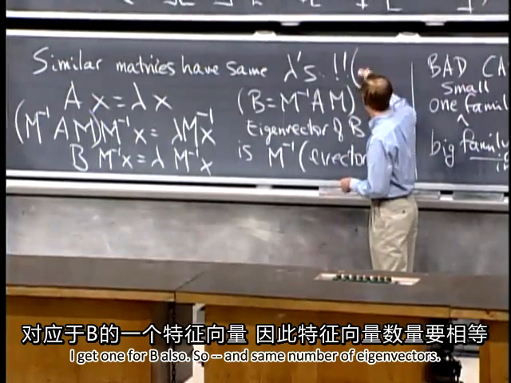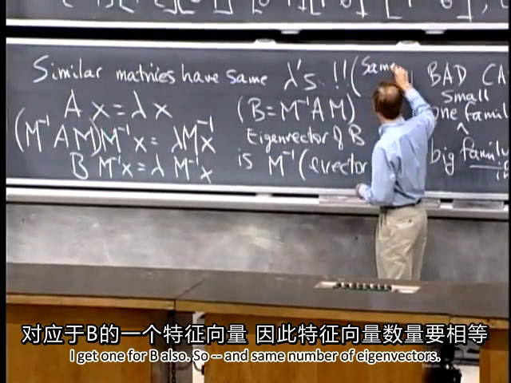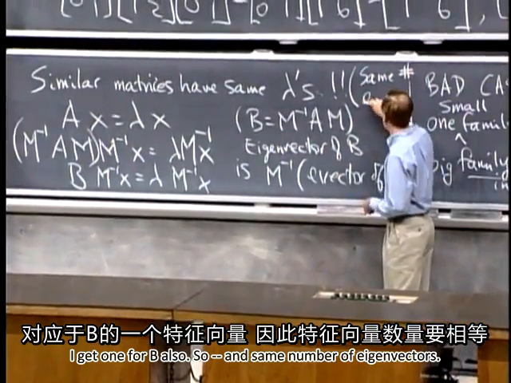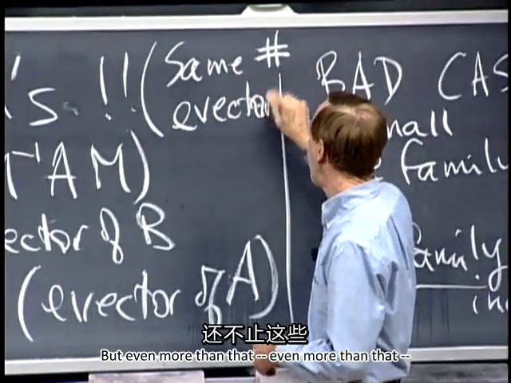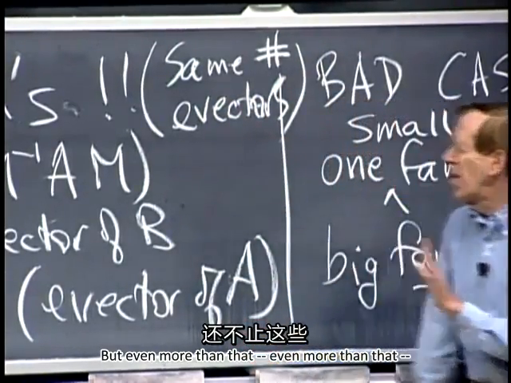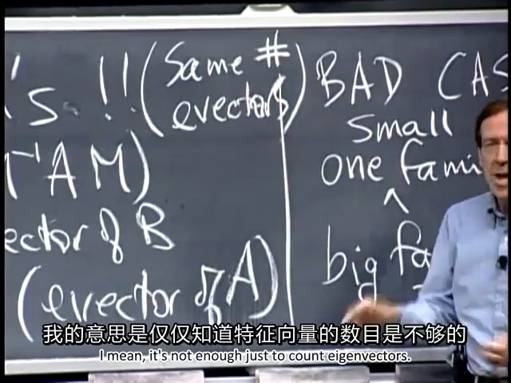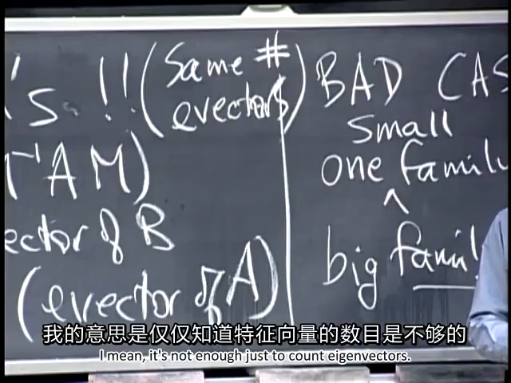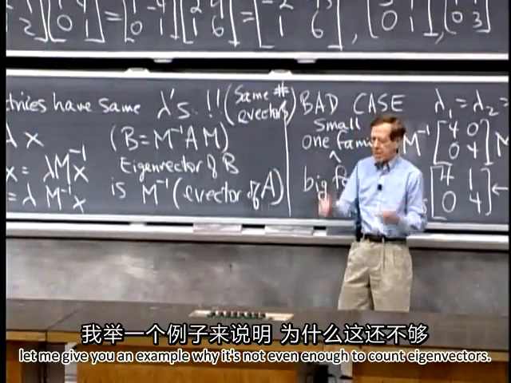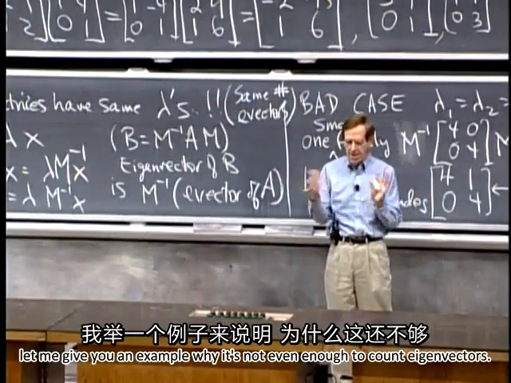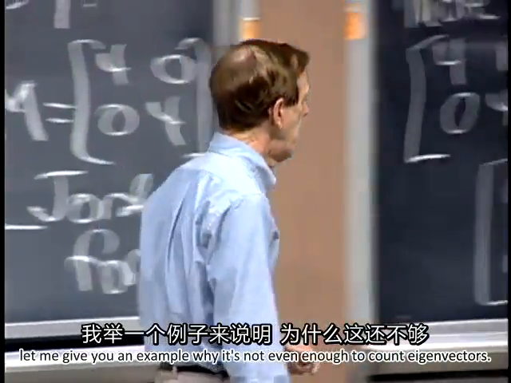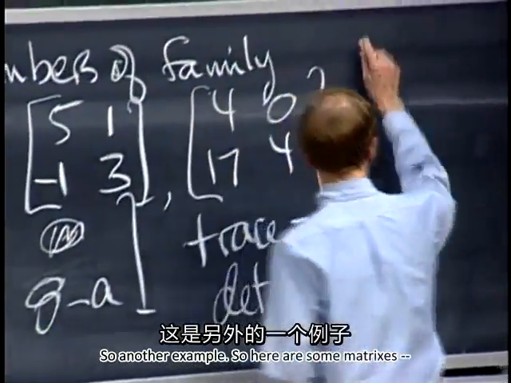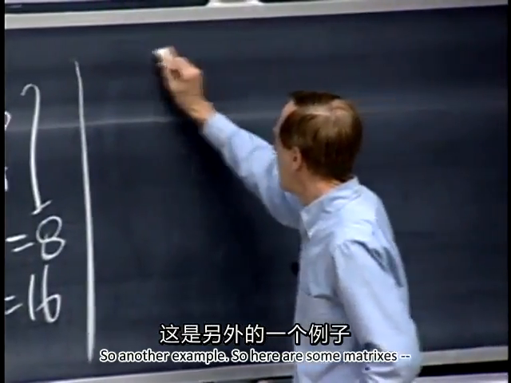So, the same number of eigenvectors. But even more than that, it's not enough just to count eigenvectors. Let me give you an example why it's not even enough to count eigenvectors. So another example. So here are some matrices.